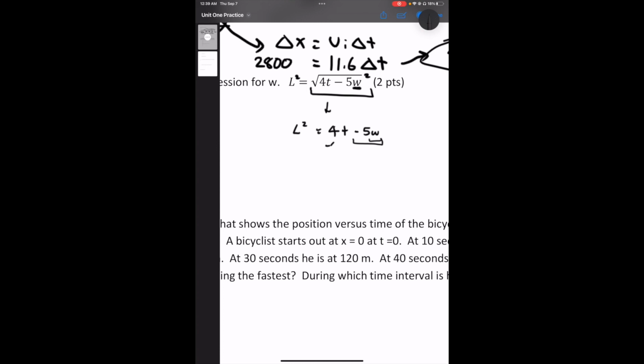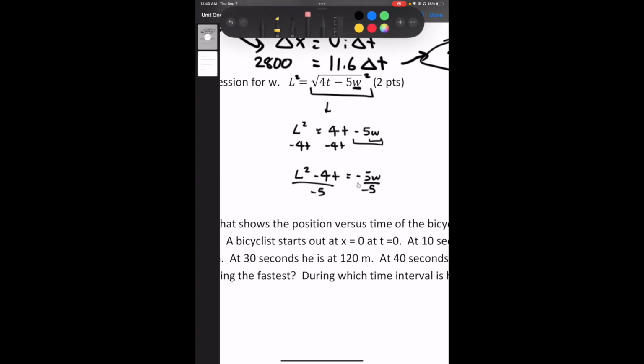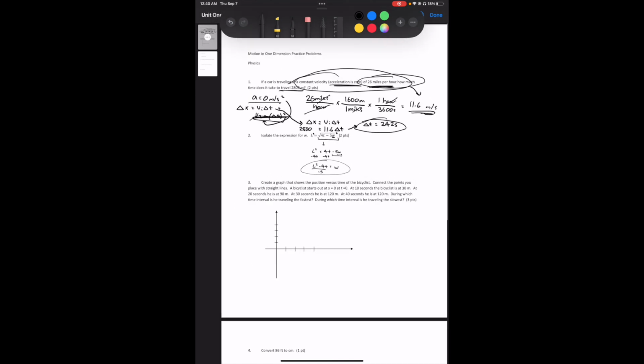So let's subtract 4t from both sides, which will leave us with L squared minus 4t equals negative 5w. And now we can go ahead and divide both sides by negative 5. And that will leave us with the isolated expression for W.